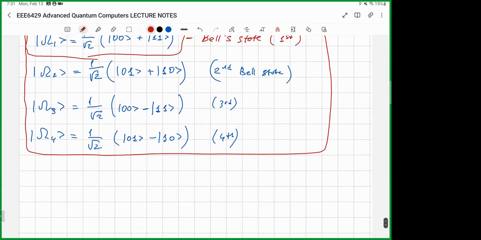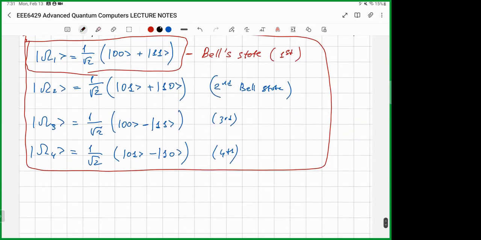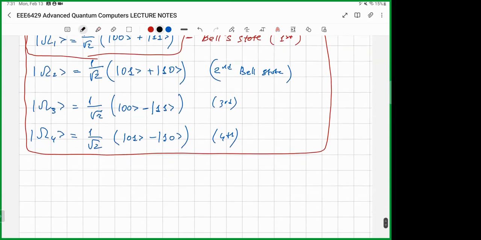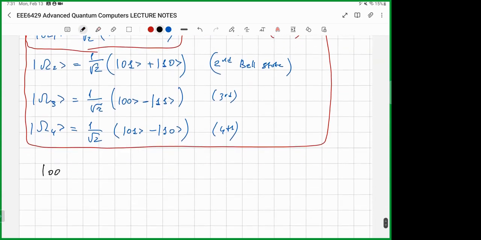Why are they so important? They're important because, let's take this combination 00 plus 11, you cannot represent this as a product of two vectors.